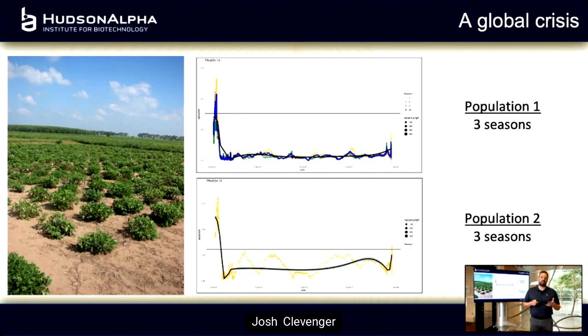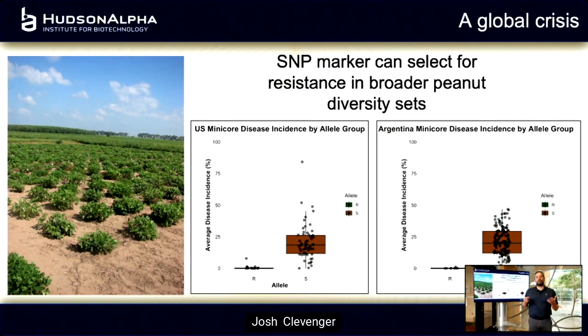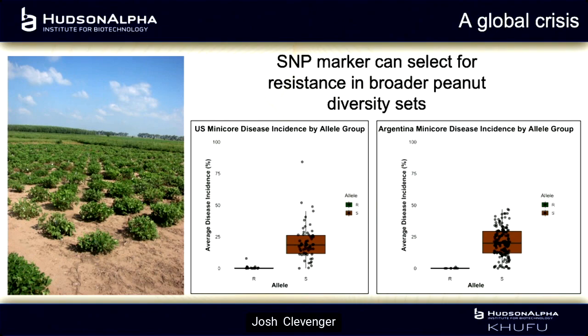Because we had this incredible process that was efficient, and we could think about sequencing a lot of individuals, we actually were able to validate it also on a second population, and show very clearly that that's where the resistance lied. So in this case, we have a single reference genome. We mapped it to this location on chromosome 12. We did some really interesting hypothesis testing to decide on some SNPs that we thought were important, and we looked at those in a global, broader peanut diversity set that had been phenotyped for this trait, right?